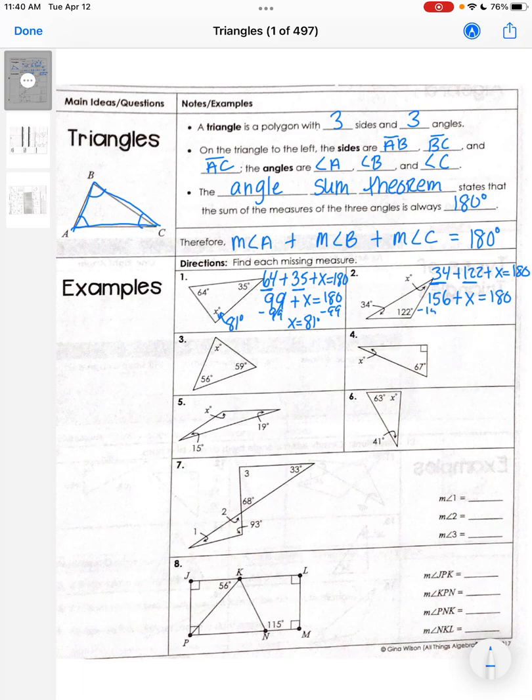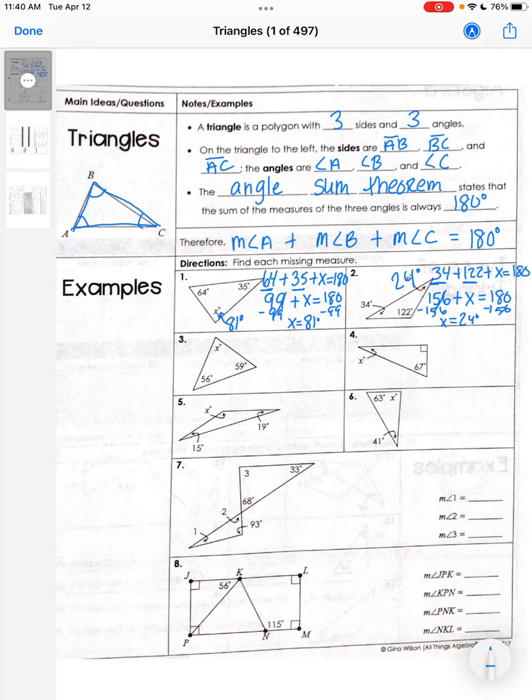Then we need to subtract 156 from 180, and we get x equals 24 degrees. So we're pretty much solving each of these the same way. List out the 3 degrees, add the 2 that you have together, and then subtract that from 180.